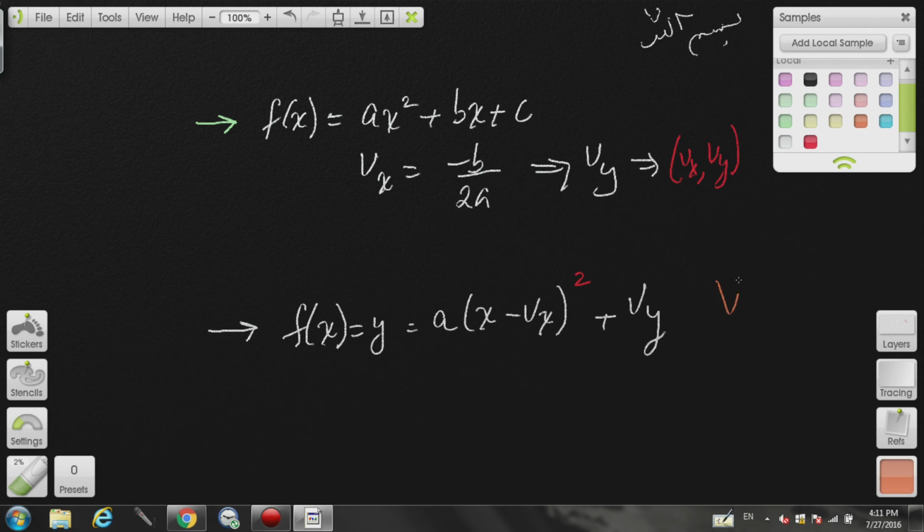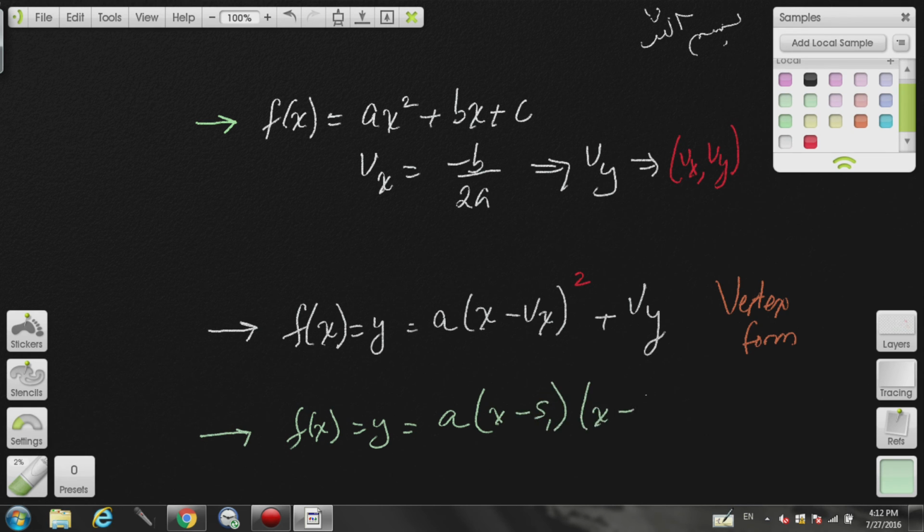This is called the vertex form. And then there's a third way, and that's called f of x equals a times (x minus s1) times (x minus s2). This is called the x-intercept form.